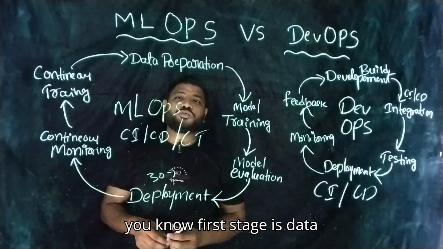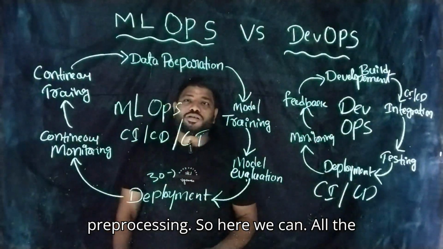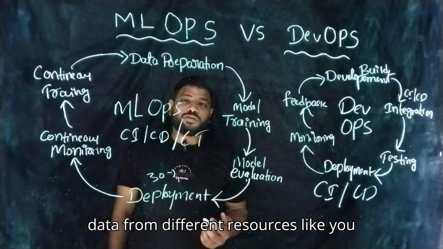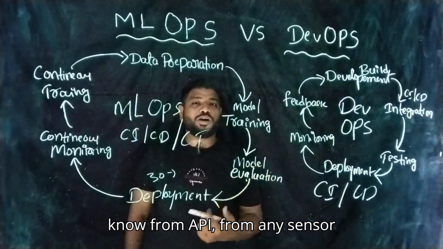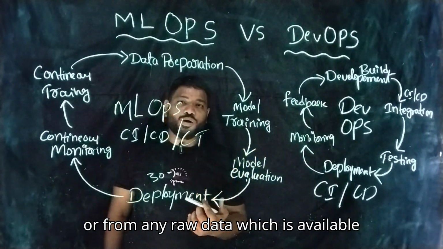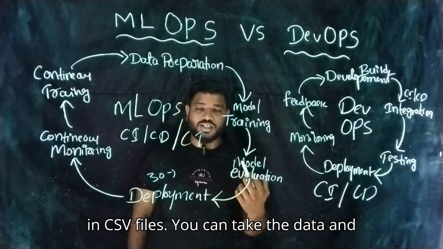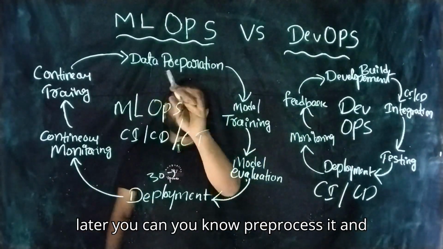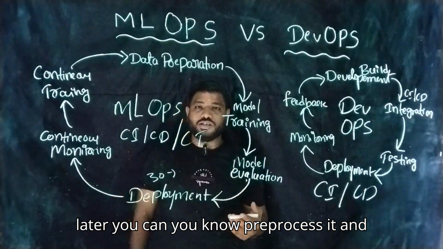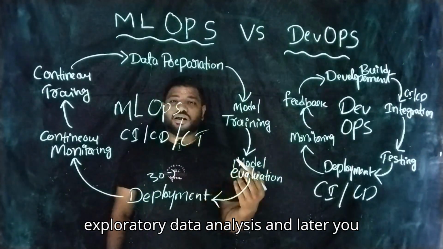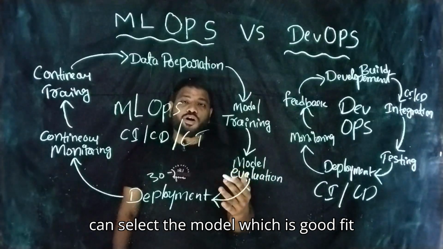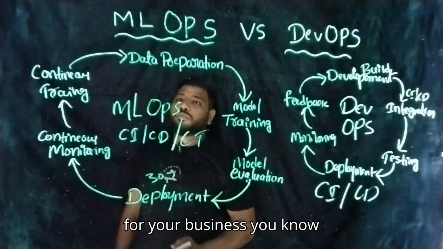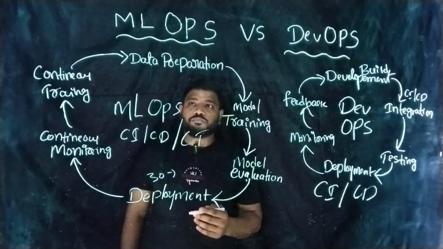If you see here, the first stage is data pre-processing. Here we can pull the data from different resources: from an API, from any sensor, or from raw data available in CSV files. You can take the data, pre-process it, and do the feature engineering and exploratory data analysis, and later you can select the model which is a good fit for resolving your business problem.